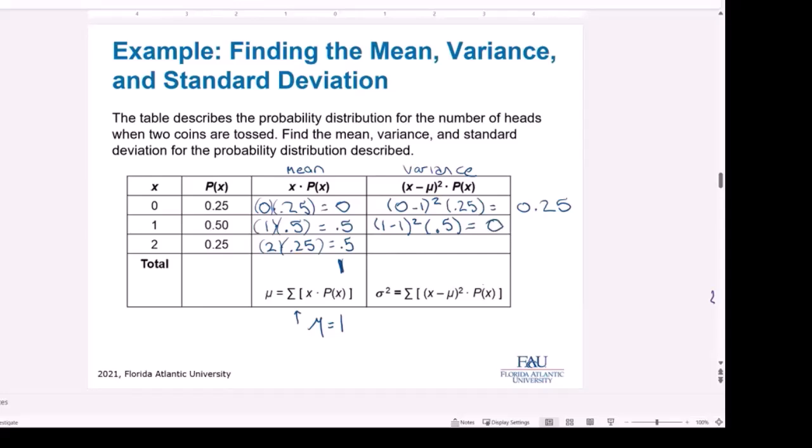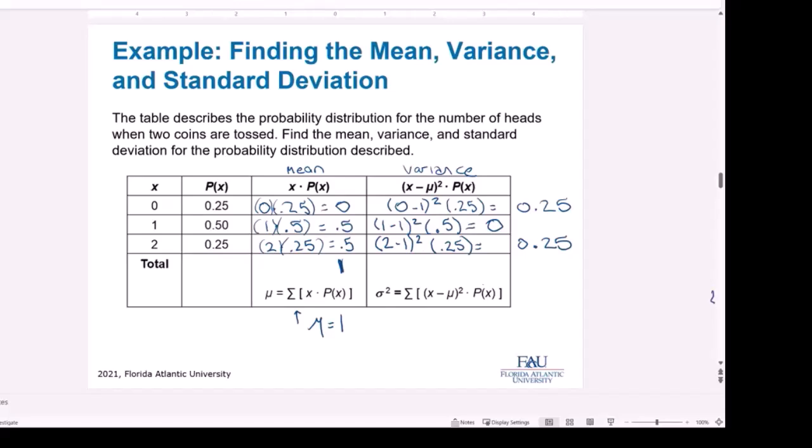And then the last thing I have is 2, which is my x, minus my mean squared times p of x is 0.25. This equals 2 minus 1, which is 1. 1 times 1 is 1. And then I multiply that by 0.25. And again, I would get 0.25.